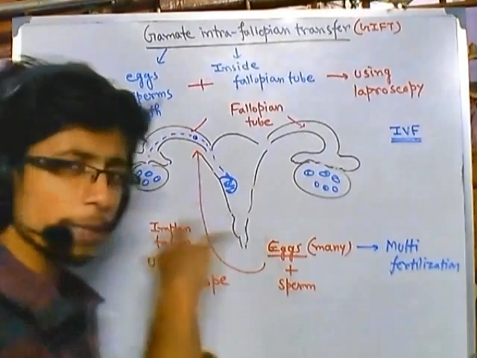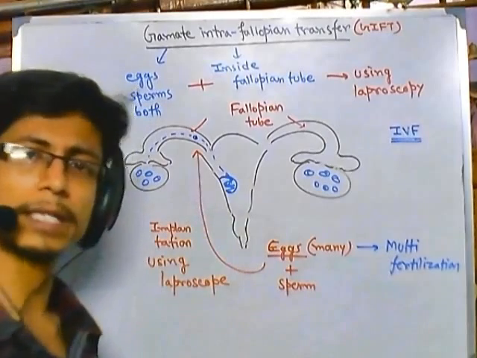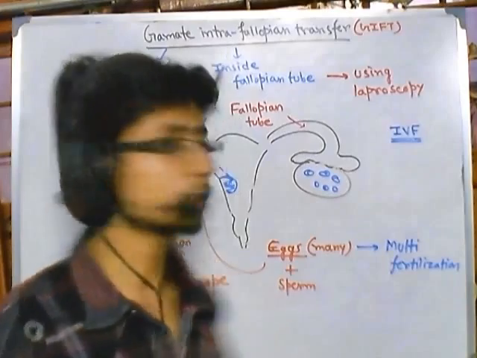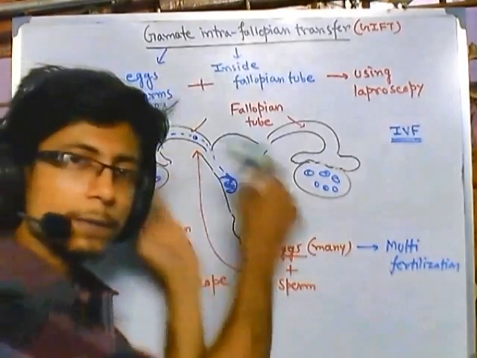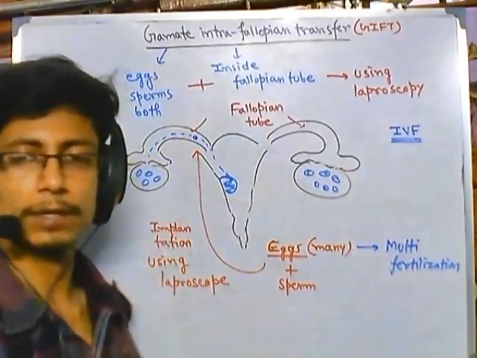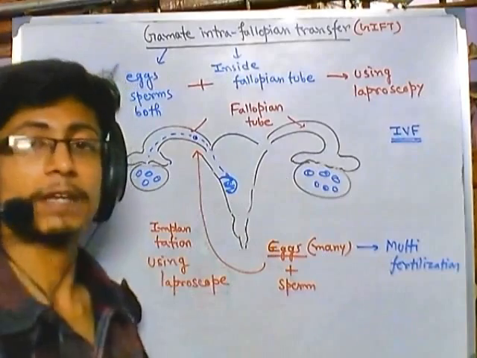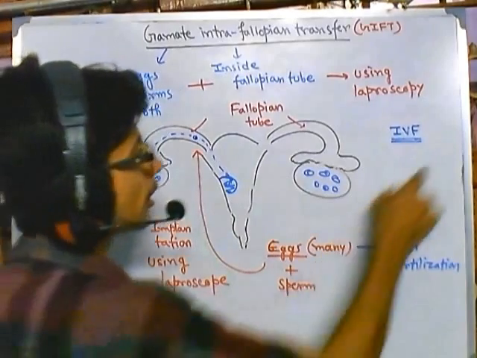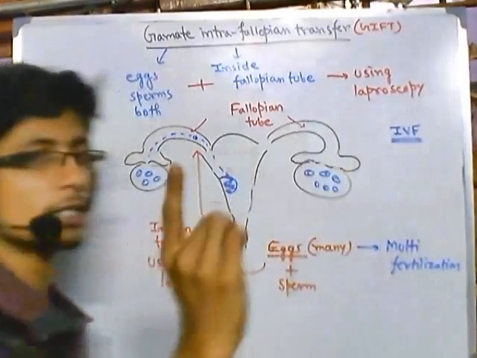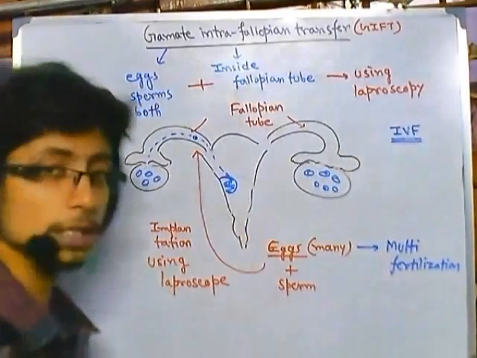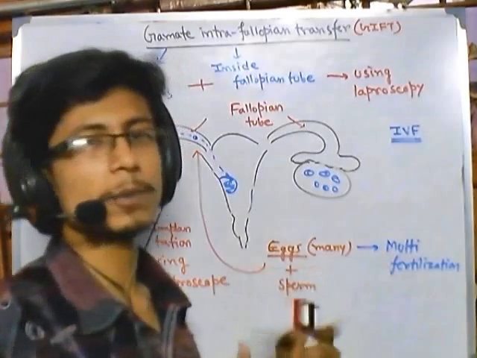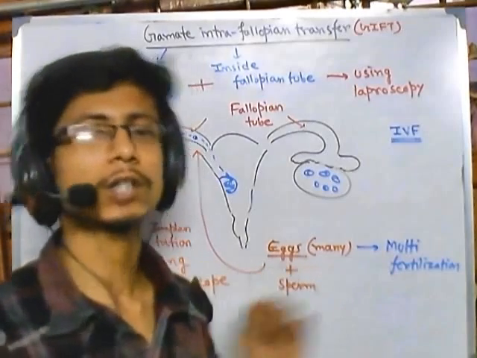But if the problem persists for many days, like 1 or 2 years, and people are not able to get any baby, but the woman's system of female fertilization is completely fine, the female reproductive system is fine, but it is a problem of the male reproductive system and they are still not relying on IVF, in those cases only people choose gamete intrafallopian transfer. So it is actually chosen when the male reproductive system is faulty, not the female one.